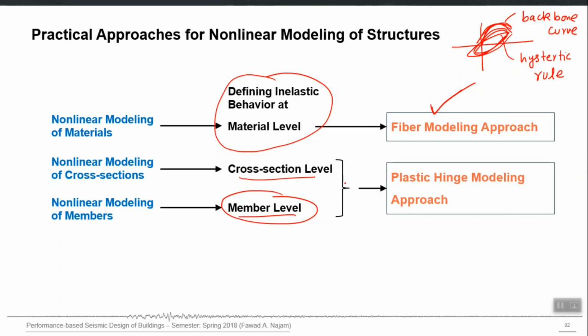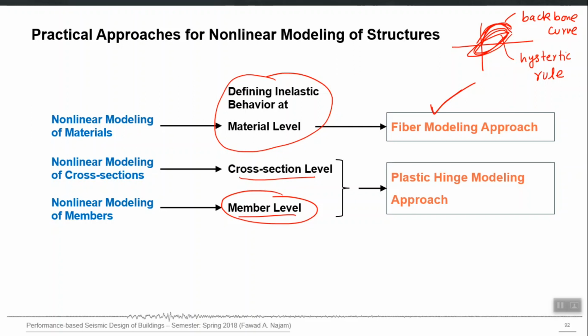So if I summarize, I will be focusing on two nonlinear modeling approaches for RC elements. The fiber approach, in which we directly make a nonlinear material. Now that material can be assigned to a beam or a column or a shear wall, that will be called a fiber model of a beam, or a fiber model of a column, or a fiber model of a shear wall.